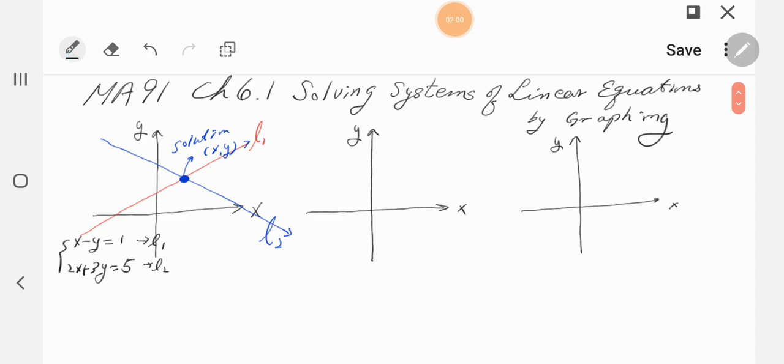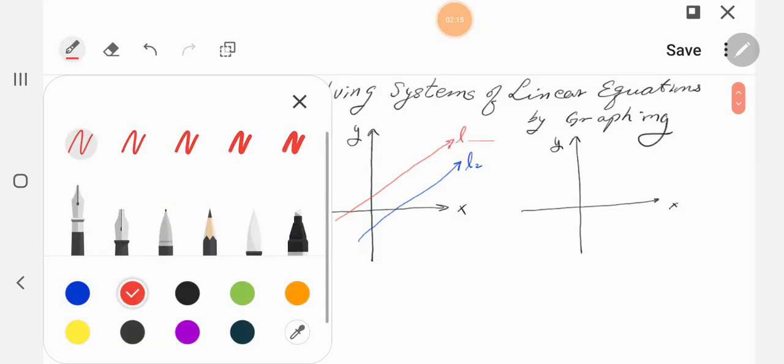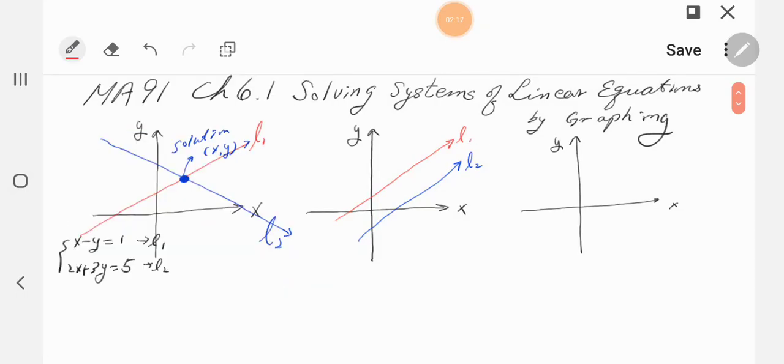And there's another case. Let's say here is line 1, and here's another line which is parallel. This time line 1 and line 2 are parallel. Is there an intersection? There's no intersection in this case, which means there's no solution.